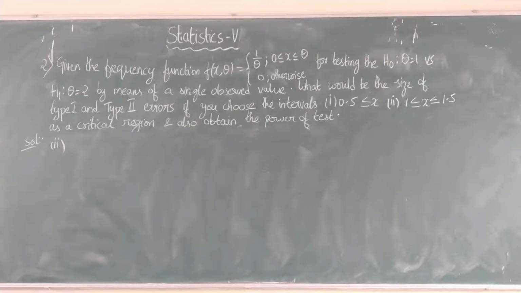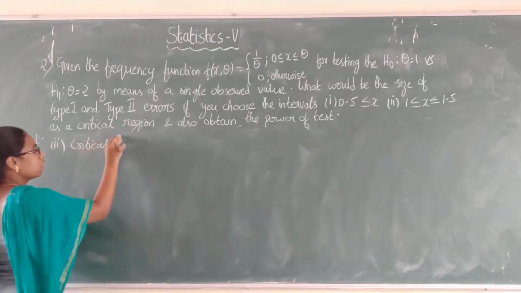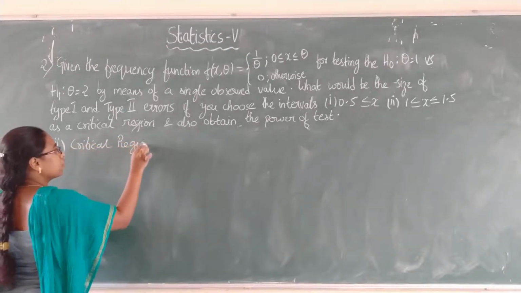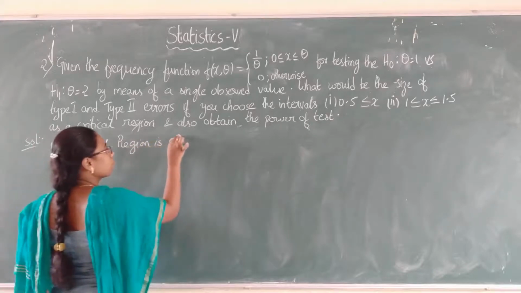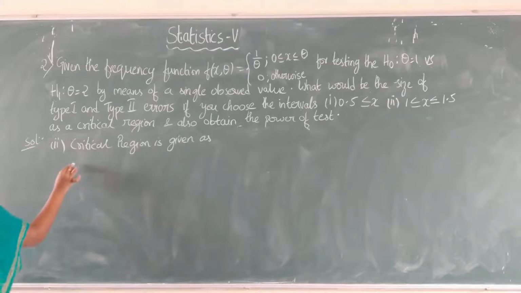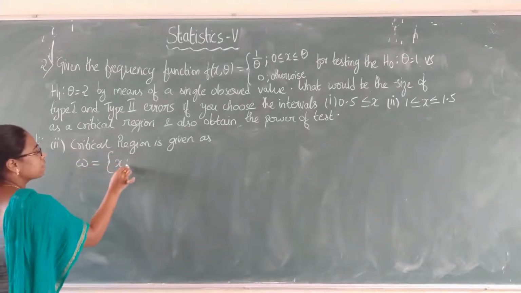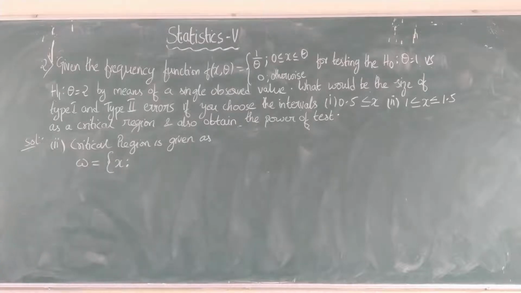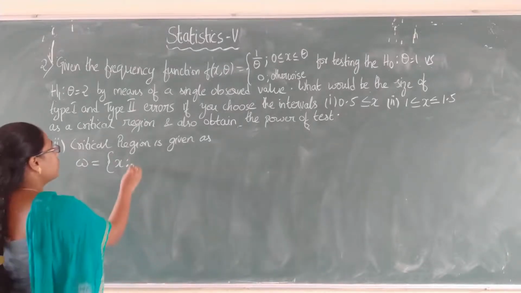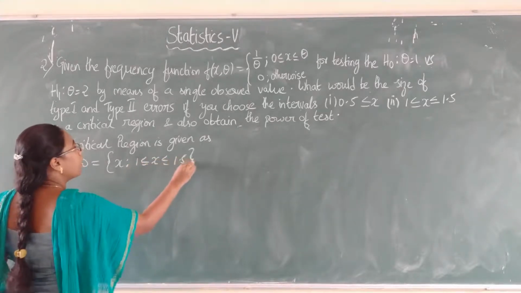The critical region is denoted with omega. Omega equals x values such that, for which values it is rejected, 1 less than or equal to x less than or equal to 1.5.